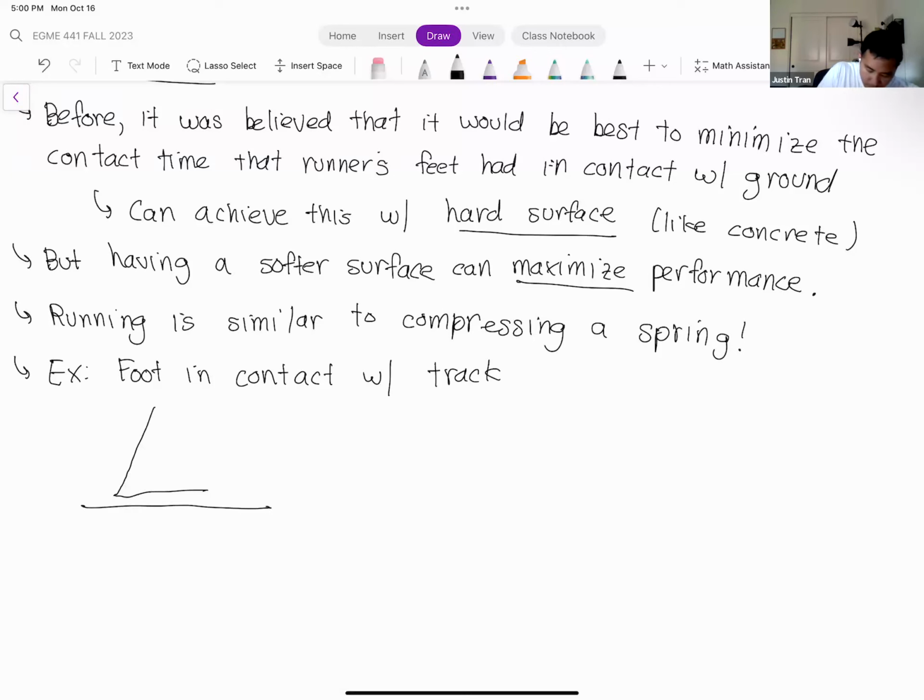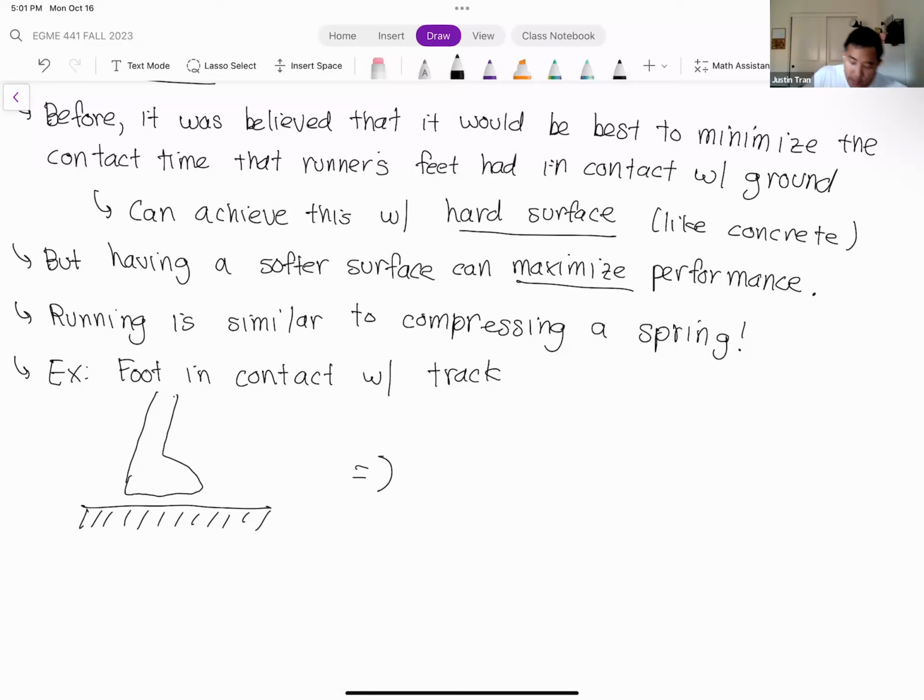Okay, so this is someone's leg with an abnormally huge foot. So let me draw it with some thickness here. All right, so that's someone's sneaker that they're about to make contact with the track. Okay.